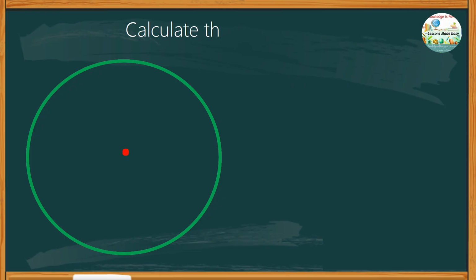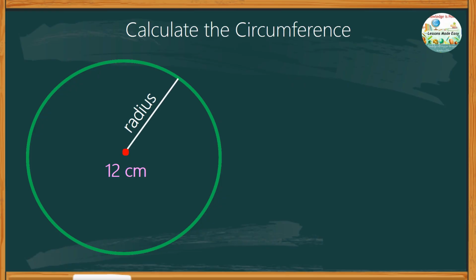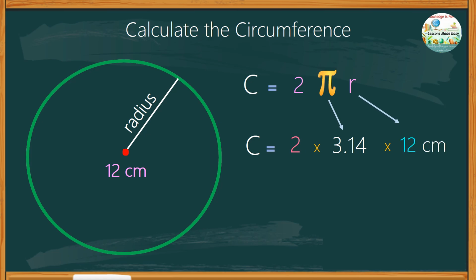How do you calculate the circumference when the given measurement is a radius of 12 centimeters? Given the radius, we can use the formula circumference equals 2 pi r. Just substitute the values. We have C equals 2 times the value of pi, which is 3.14, times the given radius of 12 cm.